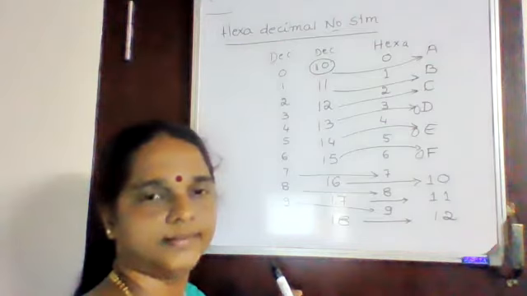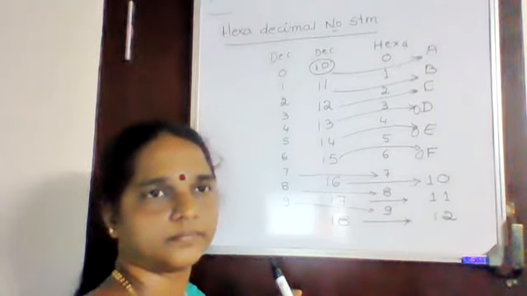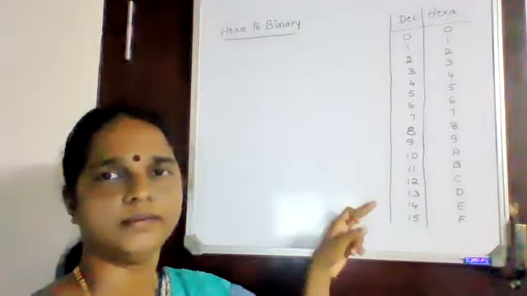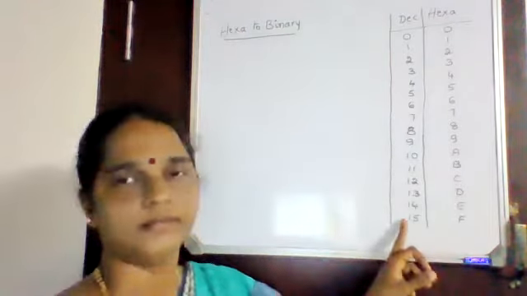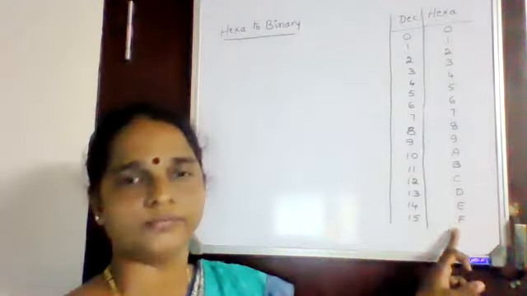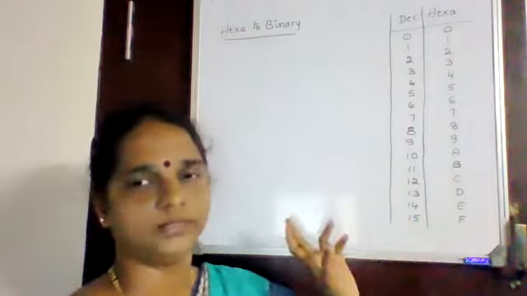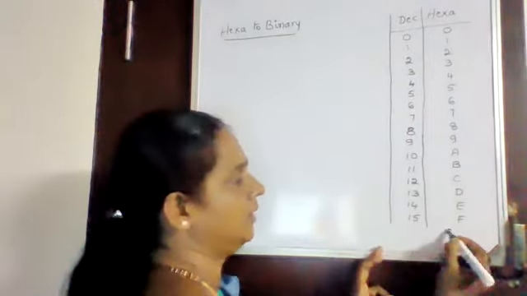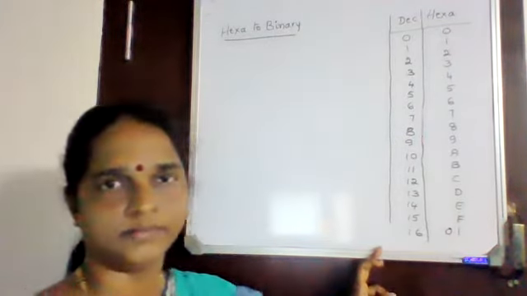Hope this is clear. So this is how we can write the equivalent hexa numbers for decimal numbers. It consists of 0 to F digits. F is nothing but 15. The next counting goes like 1, 0, which is equal to 16, 1, 1 is 17.